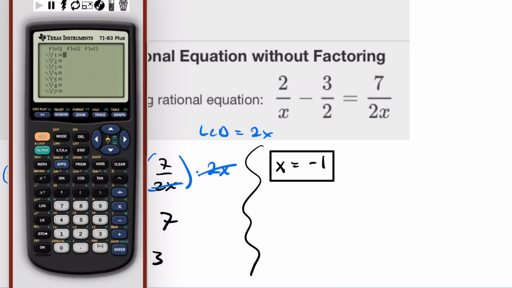So now the original, 2 over x minus 3 over 2. If that equals 7 over 2x and we subtract it, then the final result should be 0. So I'm going to say minus 7 divided by 2x. When we plug in this value of x, we should get 0.